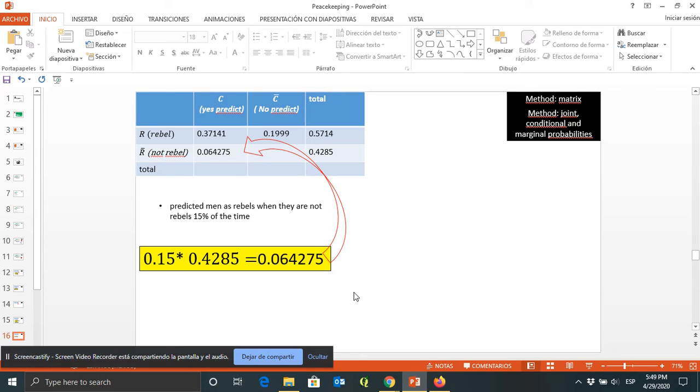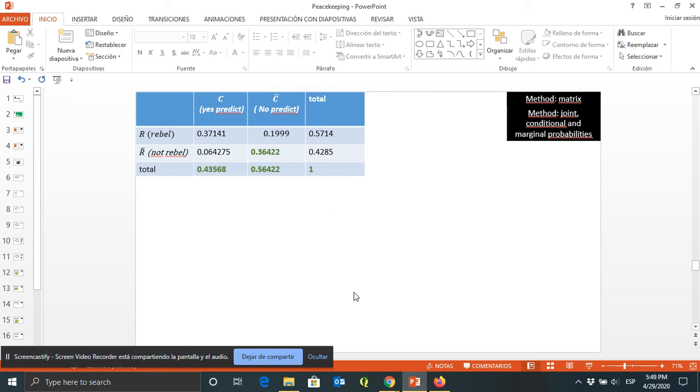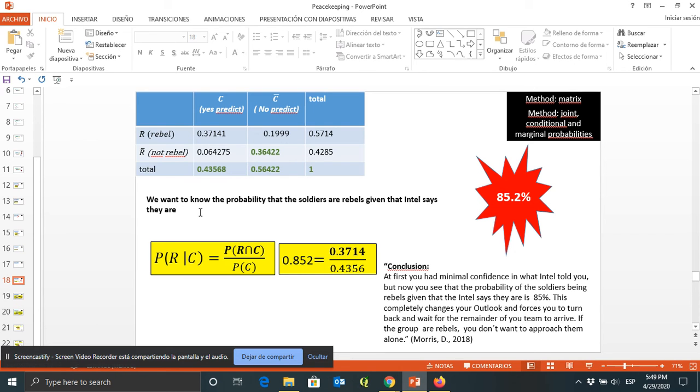Now with these numbers, we can complete our matrix because we know a matrix like that adds up to 1, either if we sum the columns or the rows. So our final matrix would look like that. Once we have all numbers, we can come back to the main question. We want to know the probability that the soldiers are rebels given that Intel says they are.